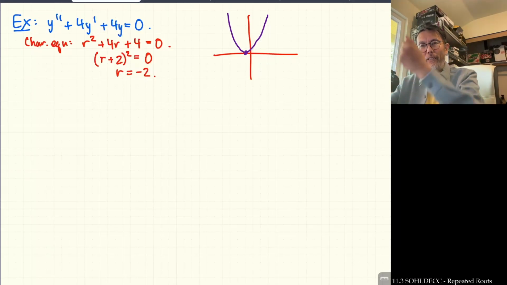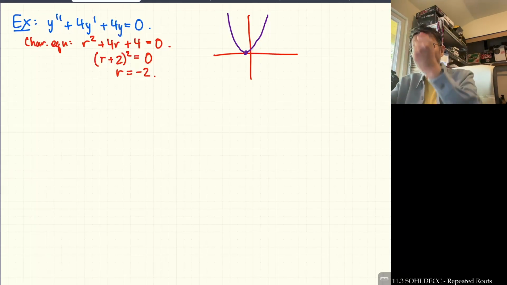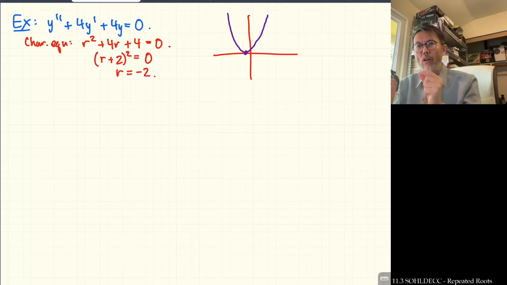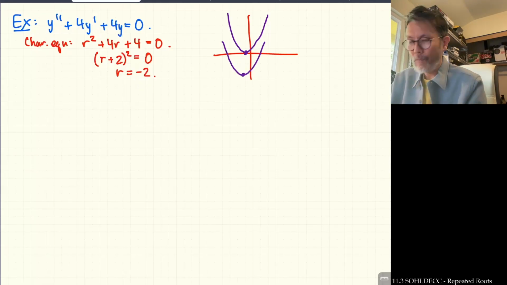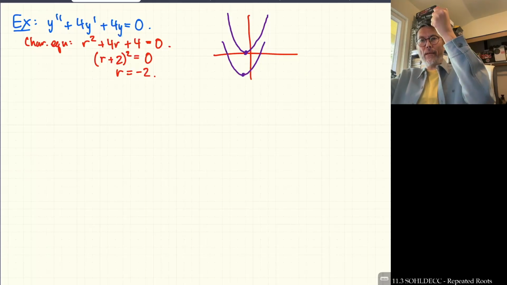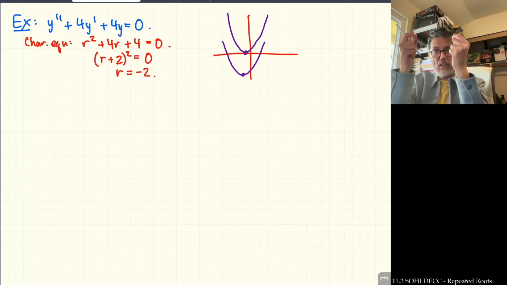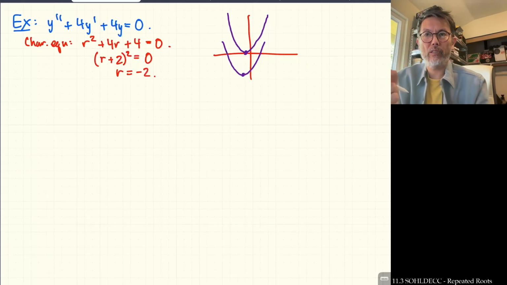If you think about it like an animation, we take a parabola like this and move it vertically up and down in the plane. When the parabola is down here, we see two real roots. But as you slowly animate this going upward, at some point those two real roots get married. They coincide with one another in a single root.